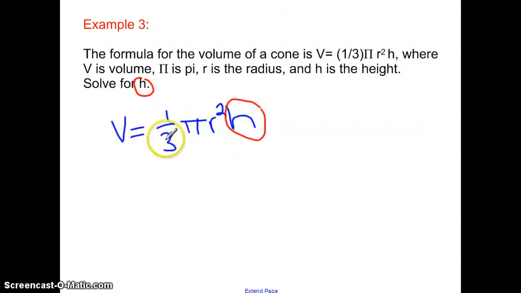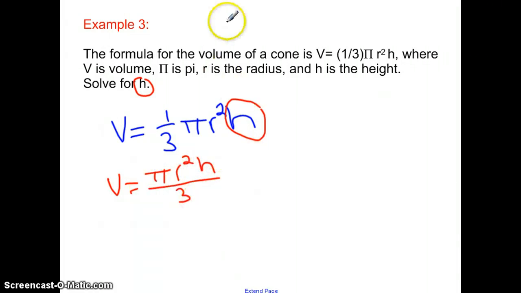Well, it's all being multiplied by 1/3. Another way to think about multiplying by 1/3 is to divide by 3. So all of this also means to divide by 3. Now, let's undo that divide by 3.